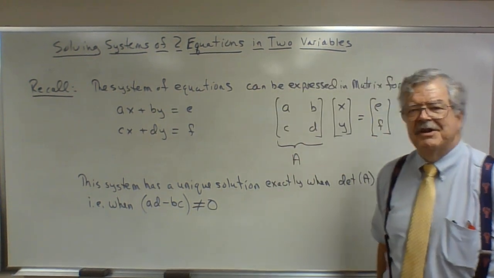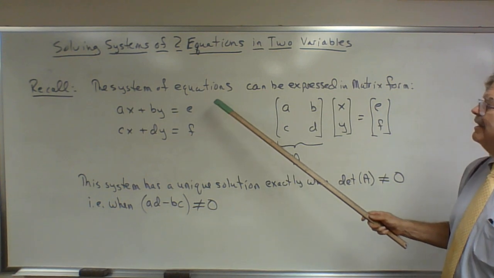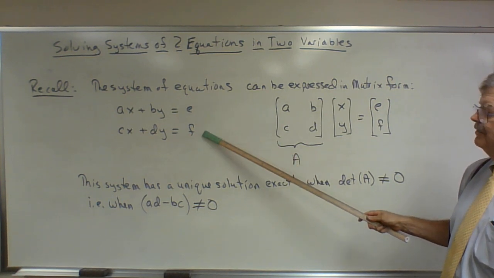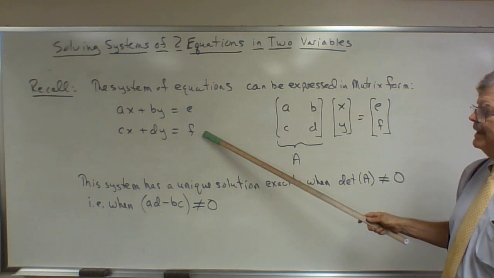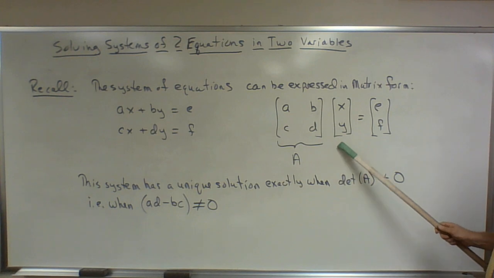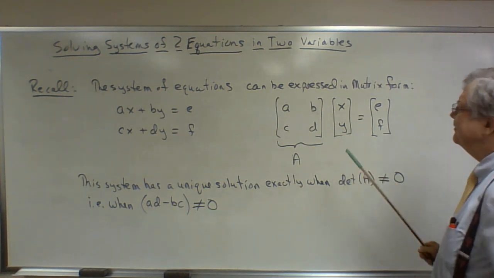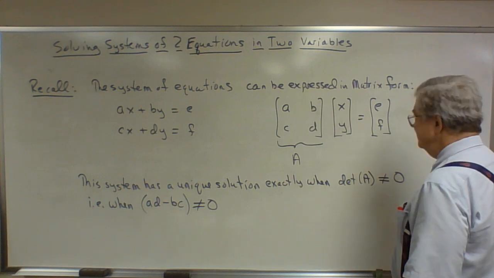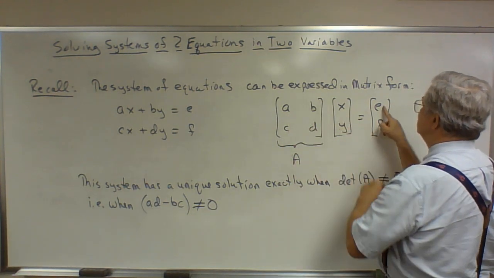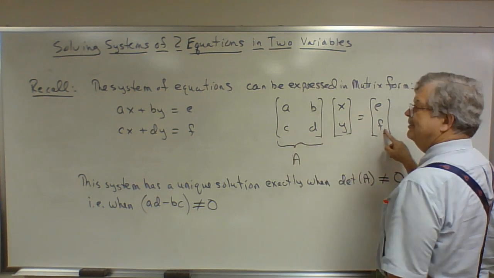Just a reference here back to linear algebra. We have a system of 2 equations with 2 variables, x and y. And this system of equations can be expressed in matrix form this way. Let's see if I can still do this. ax plus by equals e. cx plus dy equals f.